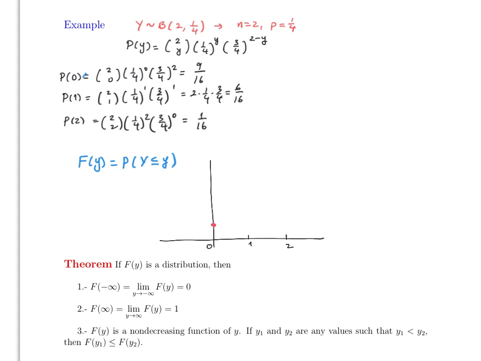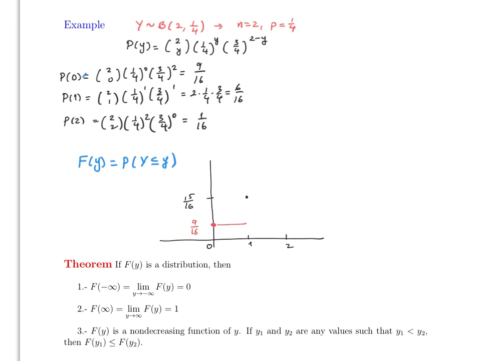So let's say that this is equal to 9/16. Okay, and then the other one is 6/16, but if you add it up, this value will now be 15/16.